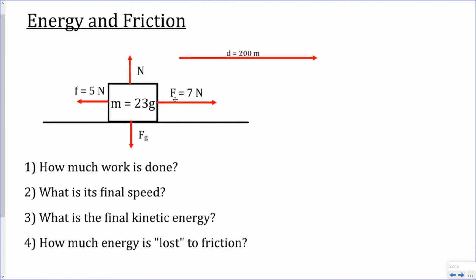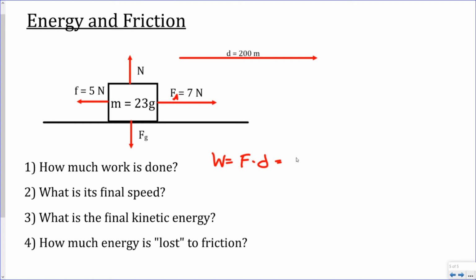So we've got an applied force. I could even write this F_A to be applied force. Well, how much work is done? We know that work is the dot product of force and displacement. Our force applied here and our displacement are in the same direction, so we don't have to do the cosine of anything here.